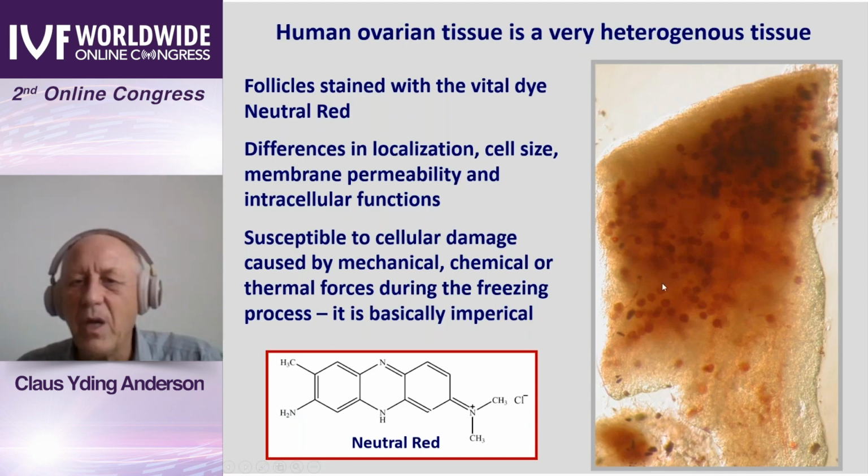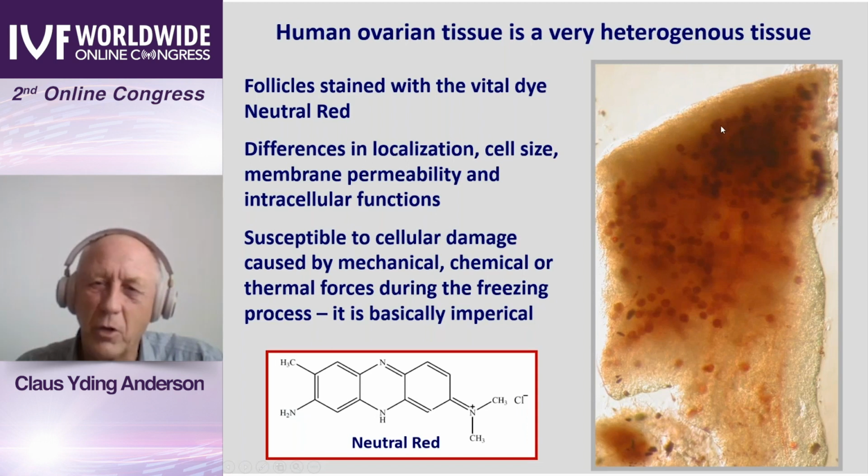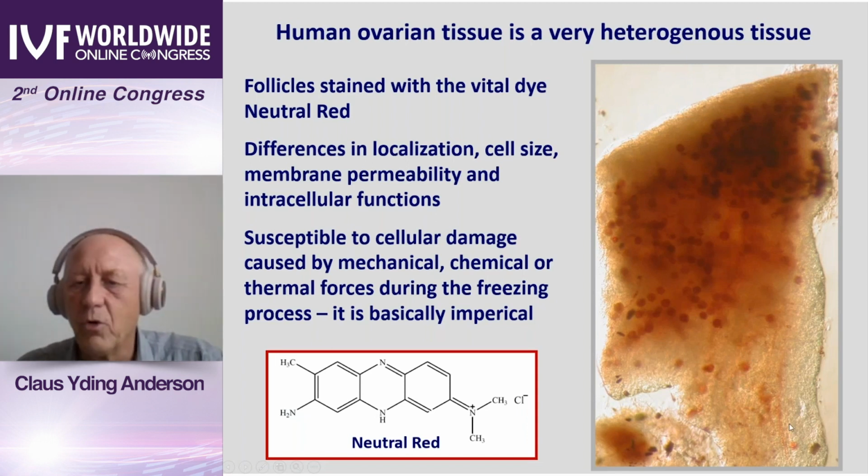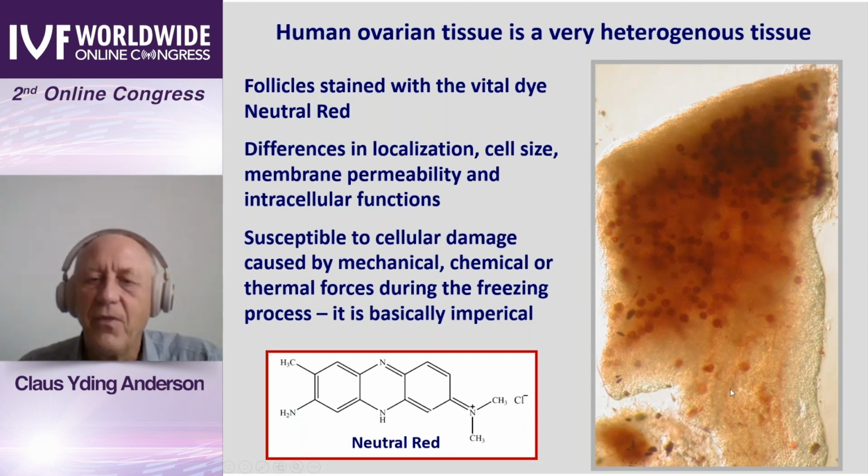But of course, this is an extremely heterogeneous tissue. You have the surface epithelium, you have the cortex, you have part of the medulla here, and it's very difficult to sit at your desk and determine which protocol will be really good for this type of tissue, because the diffusion constants of your cryoprotectant through this layer, through this layer, through this layer may be completely different.